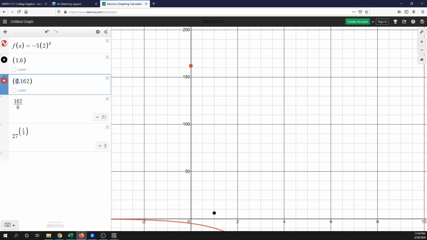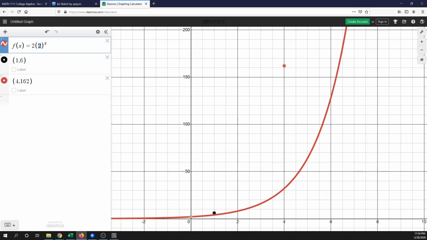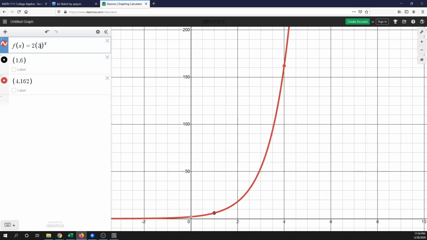And our final answer was 2 times 3 to the x. We can see that's right on the money. If I punch in a 1, I get 6. If I punch in a 4, I get 162.